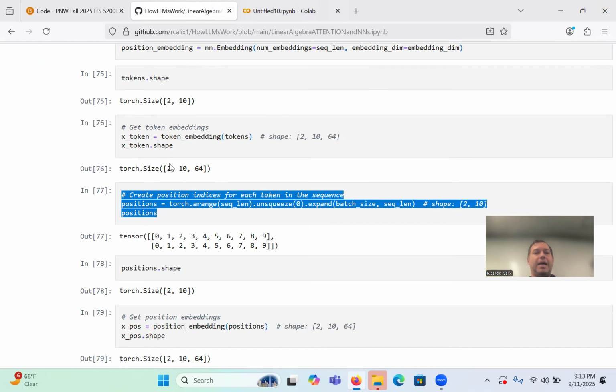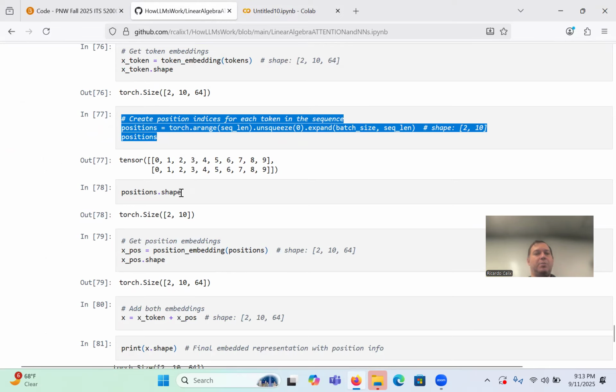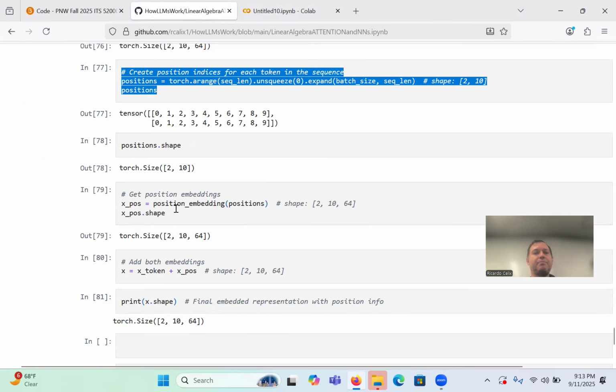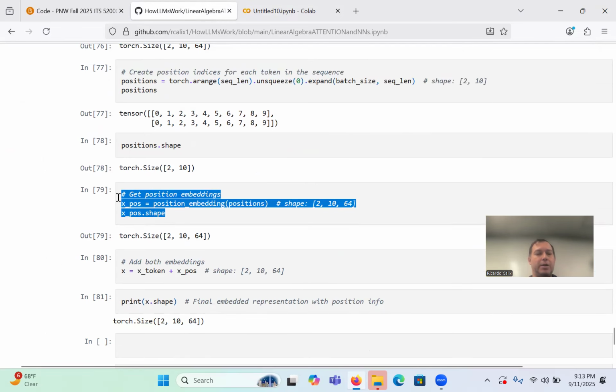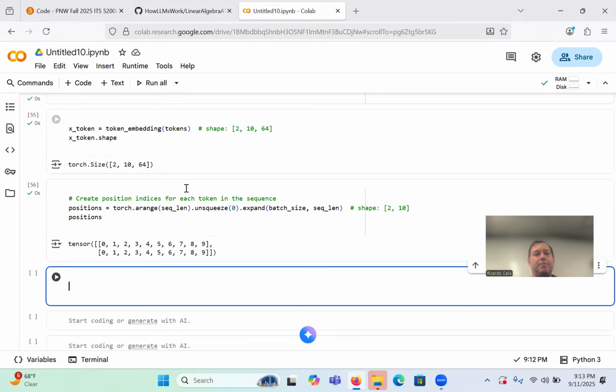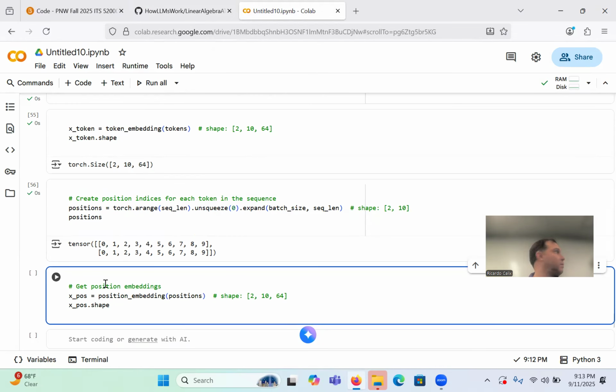In this case, and this is a trick, this was brilliant. And so now that this is done, the position is like this. So notice over here what I do is I use the positional embedding, but what goes into it is positions and not X itself.